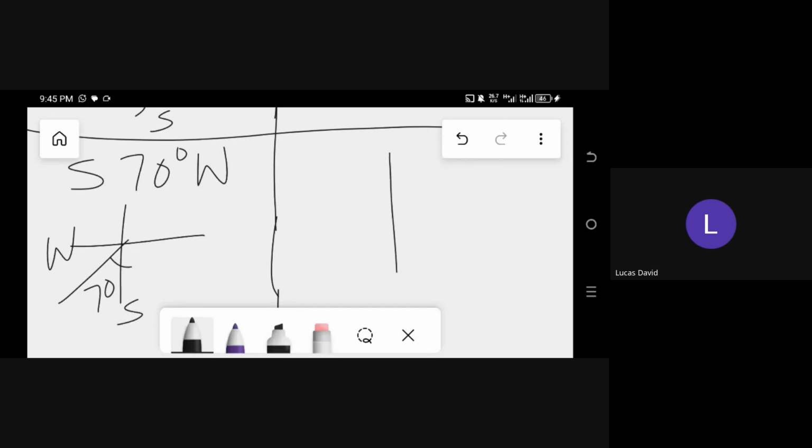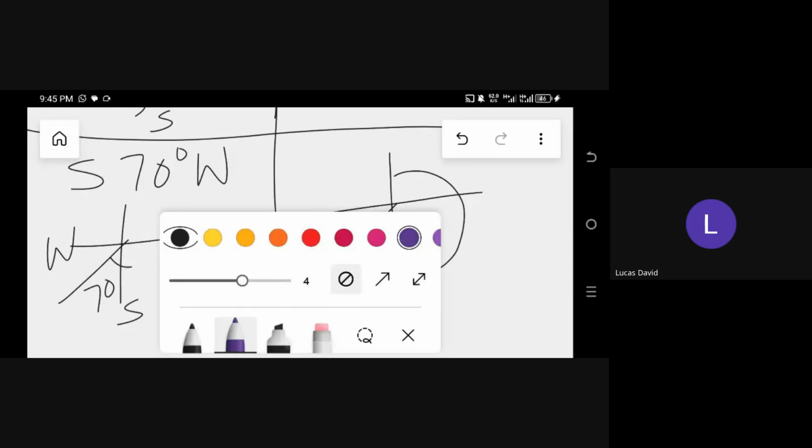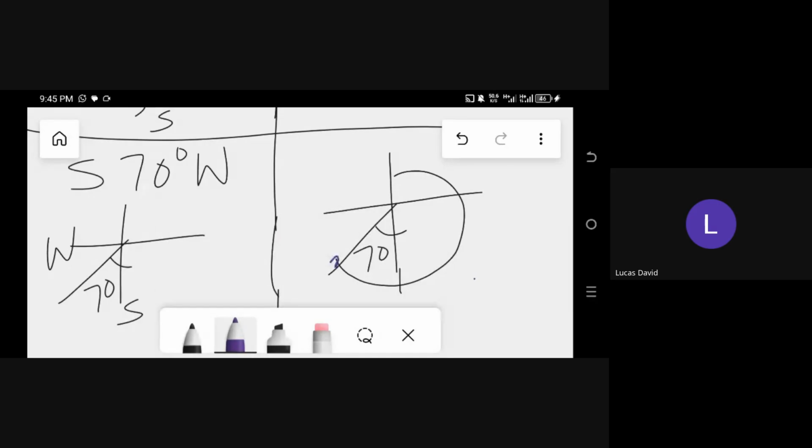As a three-digit bearing, this is 70. We would have to draw the line from the north down until we get to this line. Let's mark that line purple.